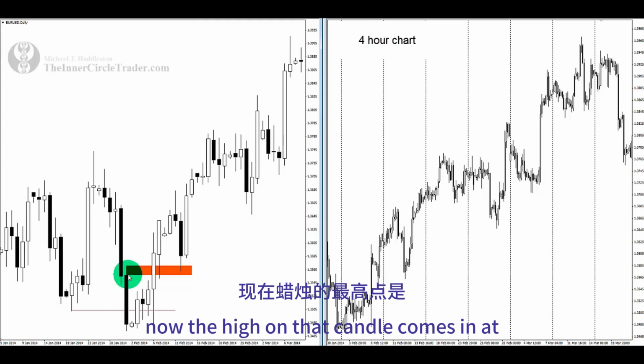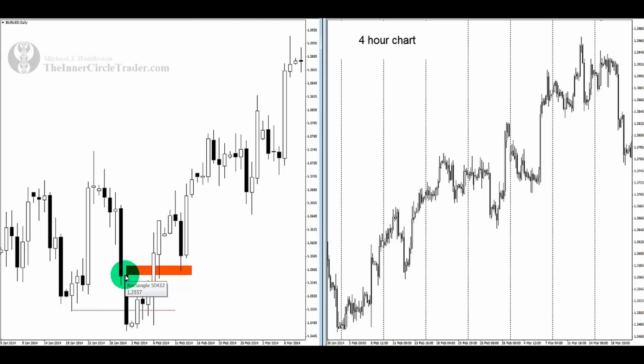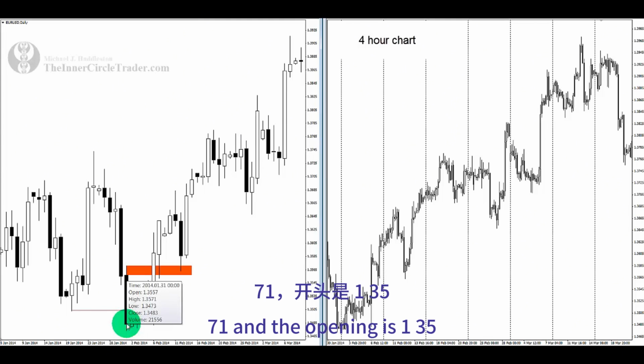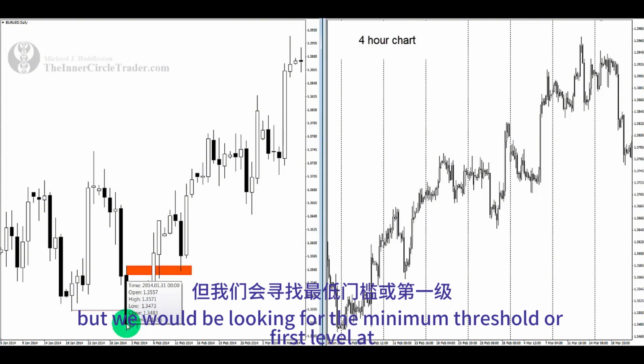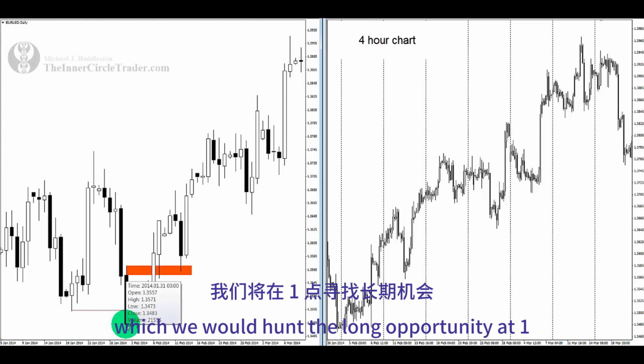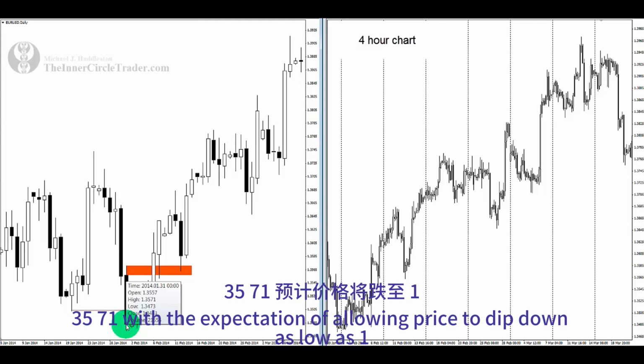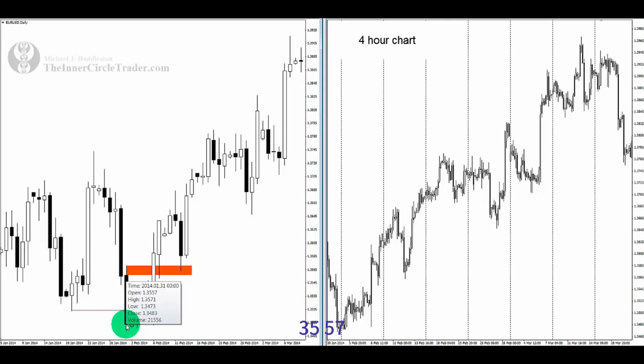The high on that candle comes in at 135.71 and the opening is 135.57. It's a very short range in terms of what we'd expect to hunt an entry in, but the minimum threshold or first level at which we would hunt the long opportunity is 135.71, with the expectation of allowing price to dip as low as 135.57.